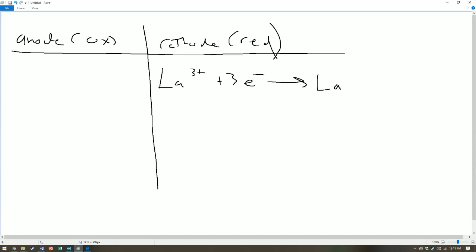Or, according to our table here, we could have water being reduced, so we could have 2H2O plus 2 electrons yields H2 plus 2OH minus. And this yields a cell potential for lanthanum of, if I can find it here.